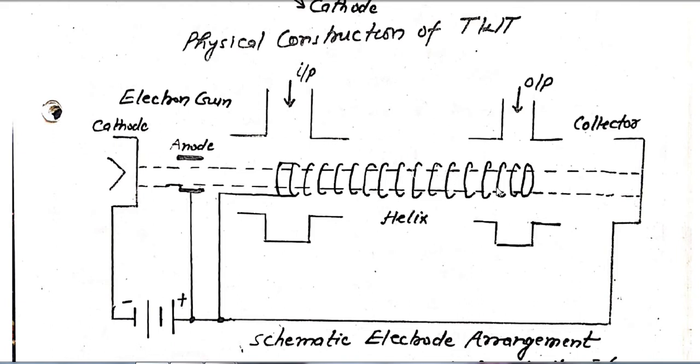Here we apply the input which we are going to amplify, and this is the output; from this point we are taking the output. Because this is the cathode, it is connected to negative potential, and this is the anode, which is connected to positive potential.